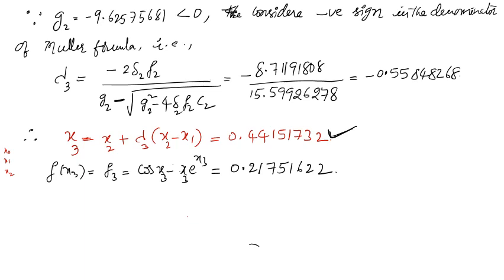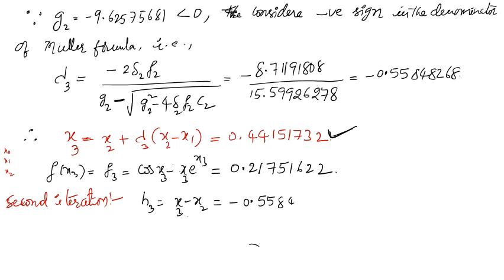Now coming to second iteration. Calculate h3. h3 is nothing but x3 minus x2. You know x3 and x2, subtract those two, I'm getting 0.48268. Next one, h2 value, that is x2 minus x1, that value is 1.